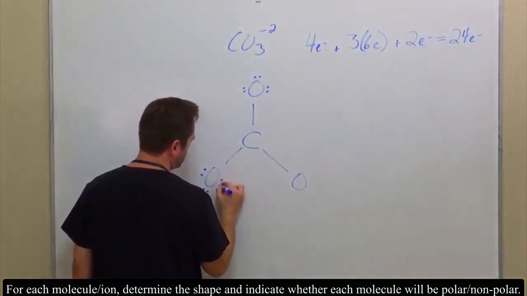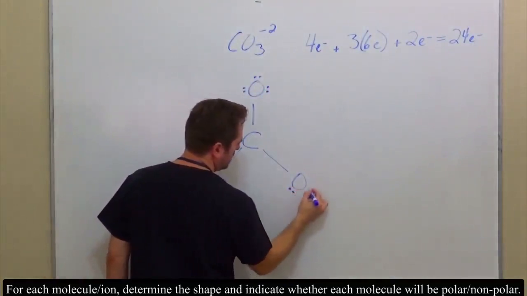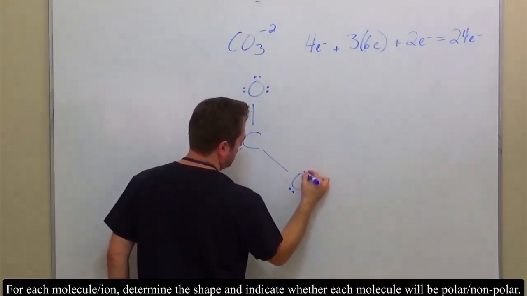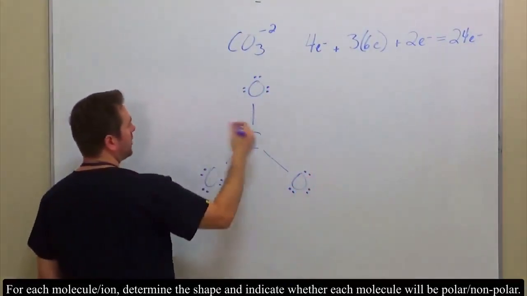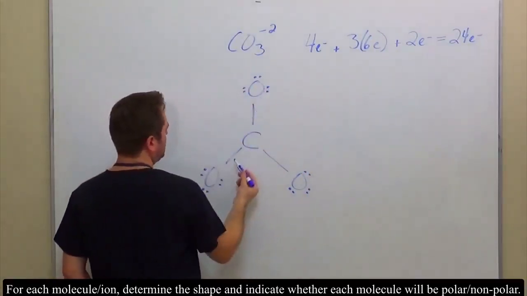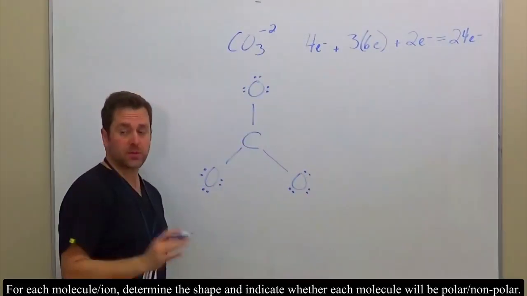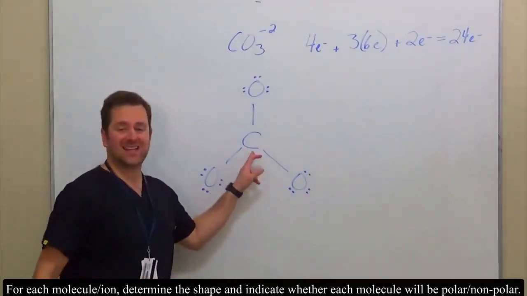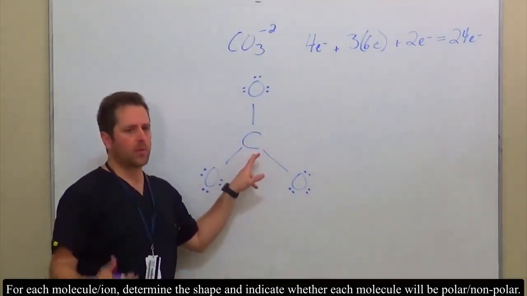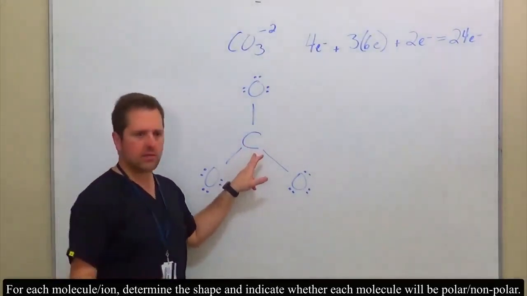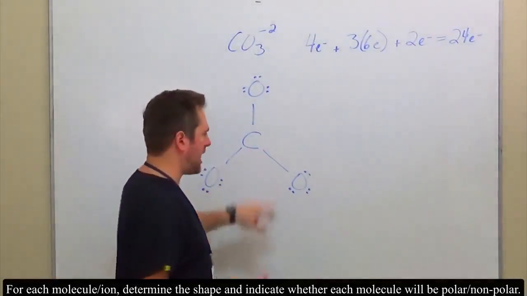Do them first. Now, 24 electrons. 2, 4, 6, 8, 10, 12, 14, 16, 18, 20, 22, 24. But there's a problem. And the problem is dead center. It's carbon. Carbon wants to have an octet. It's got to have the octet rule satisfied.